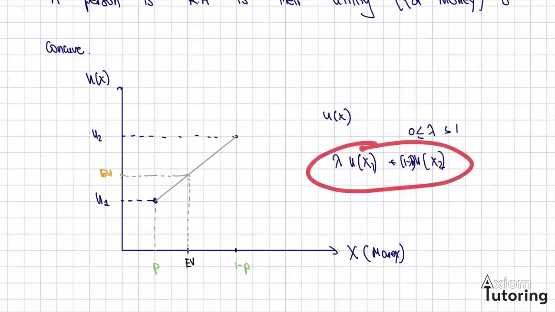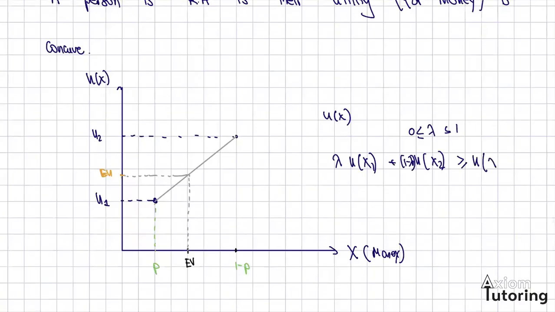This bit here is the expected utility. This bit here will be greater or equal to the utility of the expected value, lambda x1 plus 1 minus lambda x2.